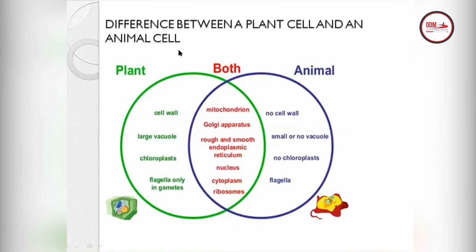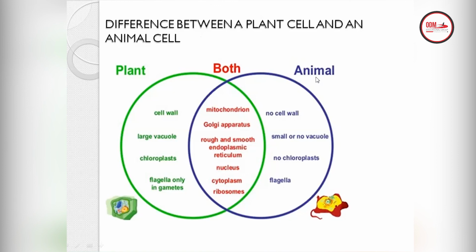Now you can see the difference between a plant cell and animal cell, as we have discussed before. One major difference is that plant cells have a cell wall, whereas animal cells do not. Plastids are present in plant cells, whereas in animal cells they are absent.